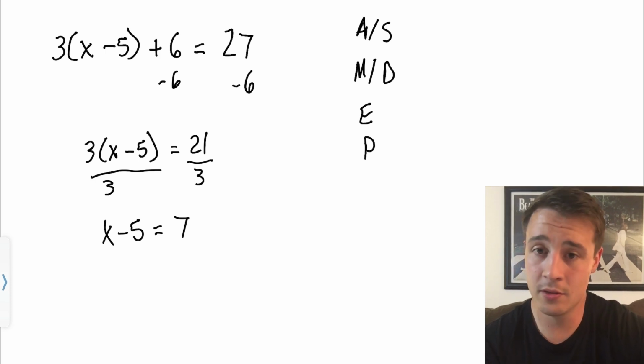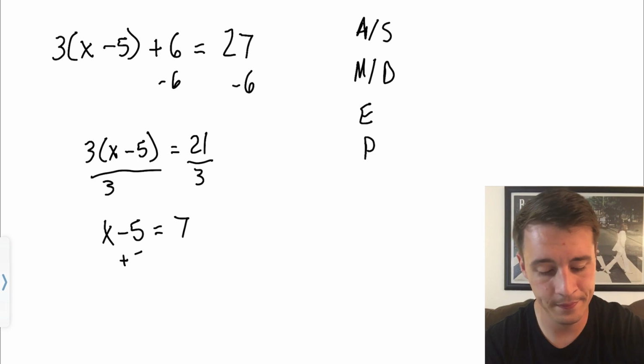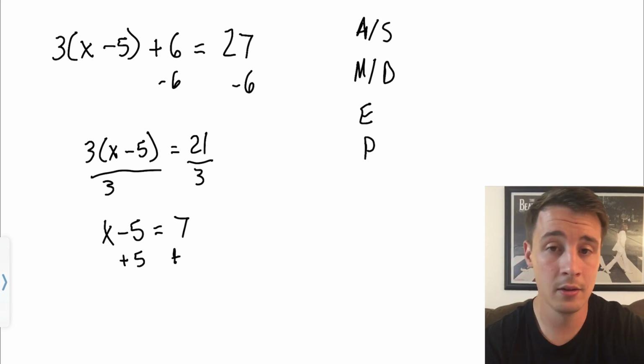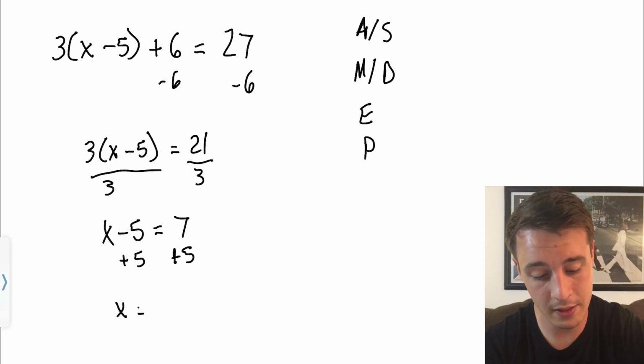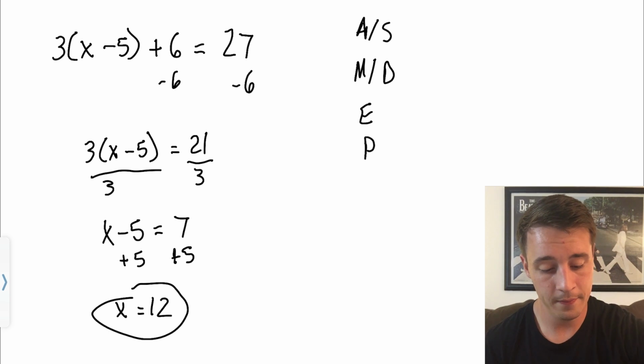The last piece was just the parentheses, which is the expression x minus 5. Well, what number minus 5 gives me 7? If I'm not sure, add 5 to both sides, and I get x equals 12.